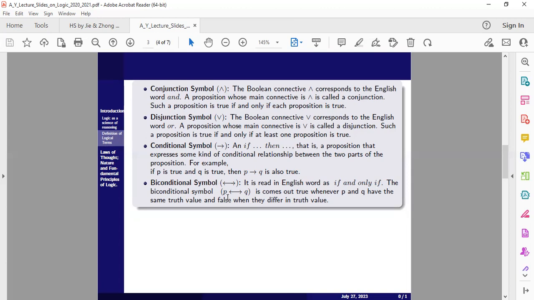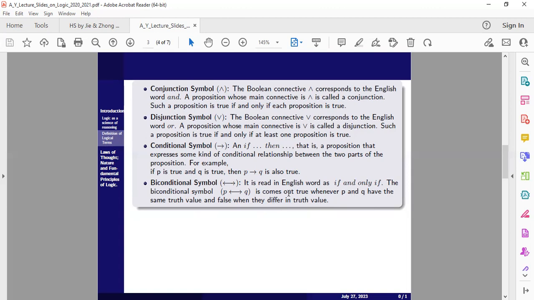The biconditional, P if and only if Q, comes out true whenever P and Q have the same value, and false when they differ in truth value.